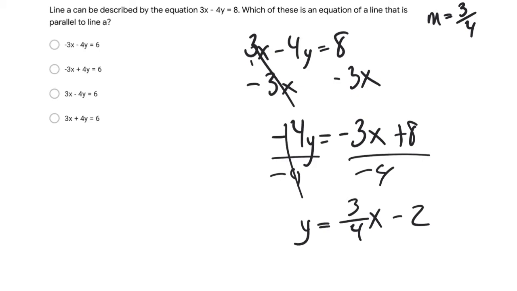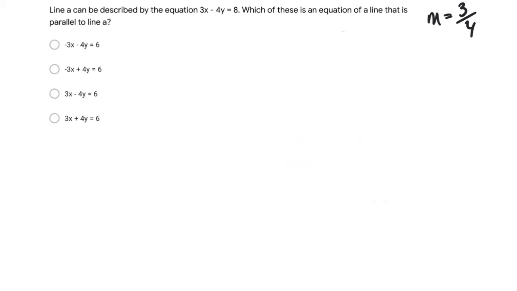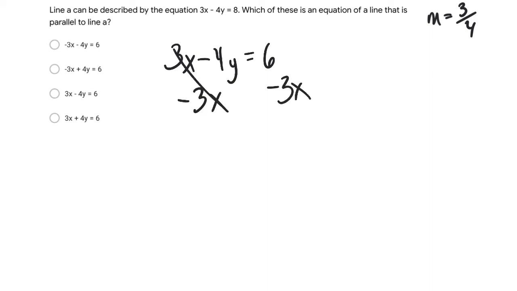Let's just go ahead and look at the slope of the one that I know to be the answer instead of going through all of them. If you didn't know, you could convert them all to slope-intercept form. But let's just convert 3x minus 4y equals 6 to slope-intercept form. I want to do the same math, subtract 3x from each side. I have negative 4y is equal to negative 3x plus 6.